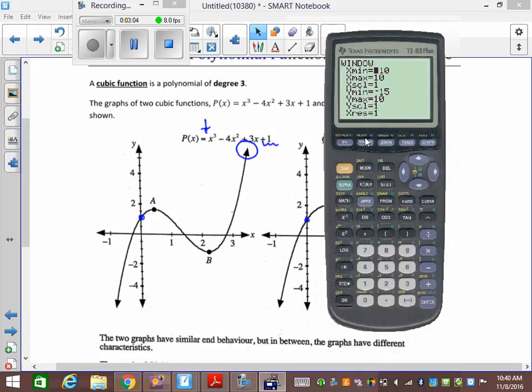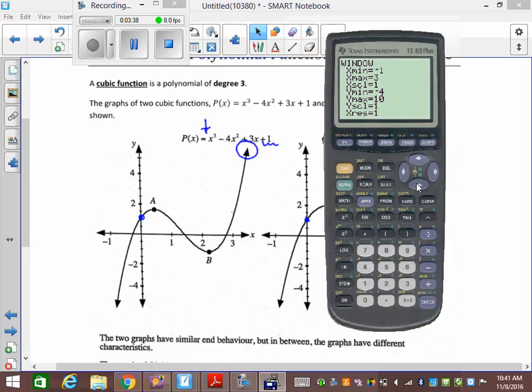So this one is from -1 x to 3. So I'm going to go from -1 to 3. And then each little tick is 1. So I'm going to make my x scale stay at 1. And my y minimum, this looks like -1, -2, -3. This must be -4. It's kind of a weird tick. That is strange. So it goes down to -4. It's just off. So go -4.